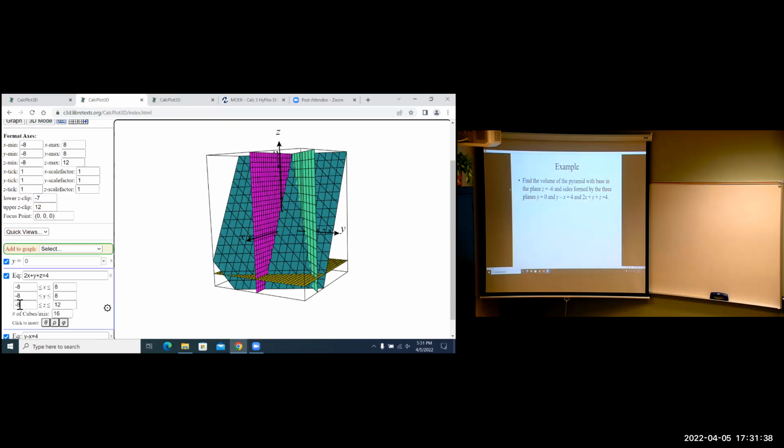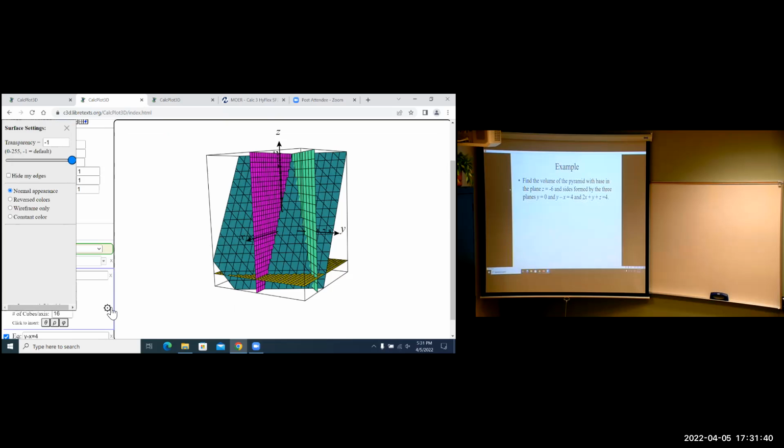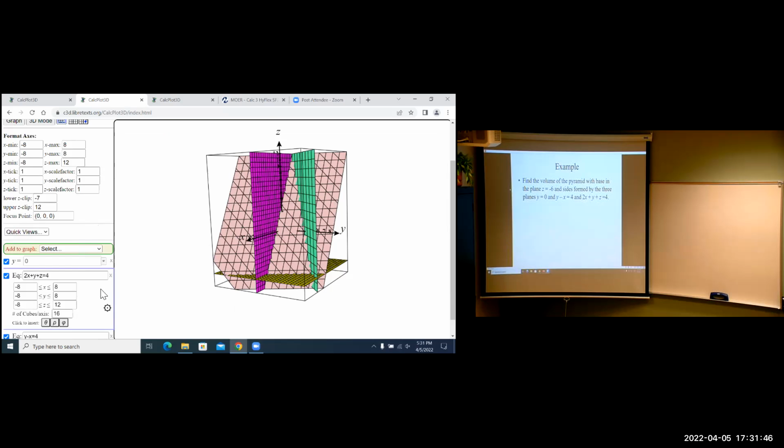Let's do a color that makes it a little more distinct, right? Notice what the plane corresponds to. This one right here. But notice it does make the top of our region. So this is a great candidate for inside limits to go from -6 to this pink plane.